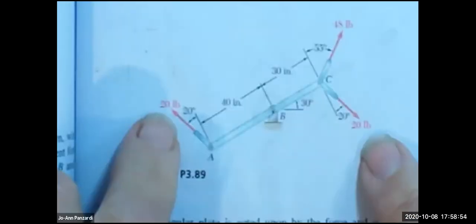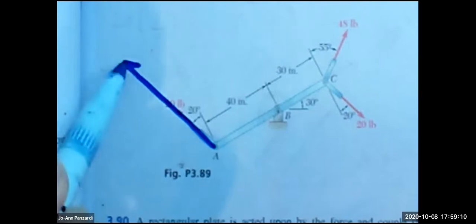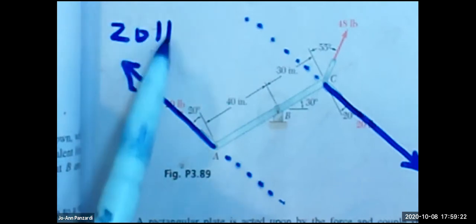Okay. For the moment of the 20, I have a 20 here, and I have a 20 here. In order to find the moment due to a couple, I take the magnitude of the force and I multiply it by the perpendicular distance.